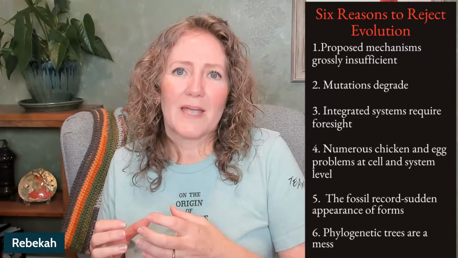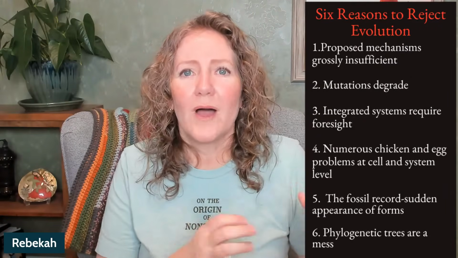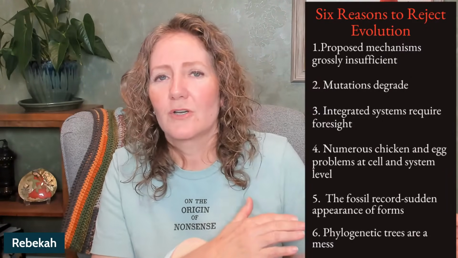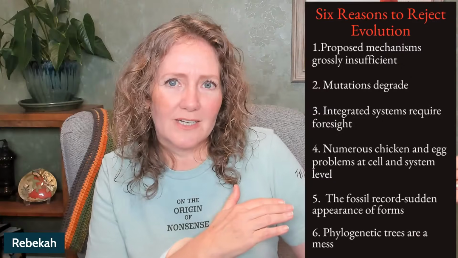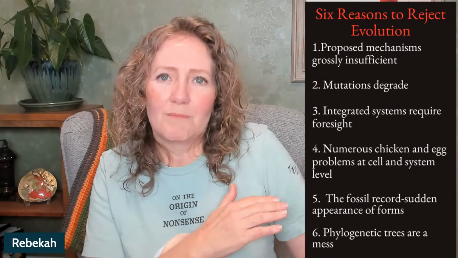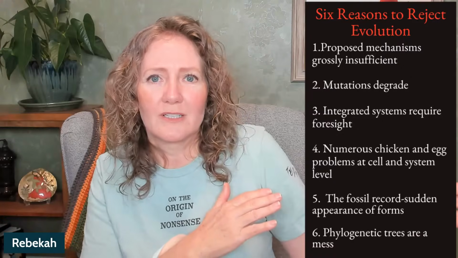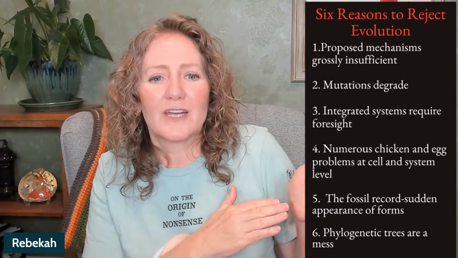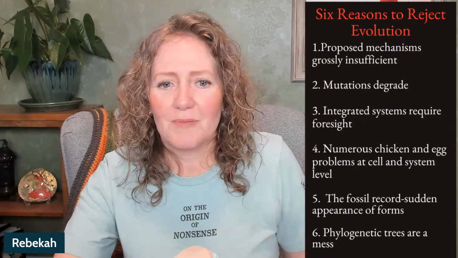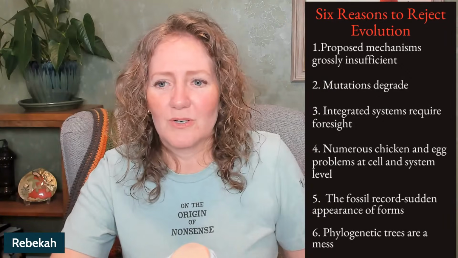Not only is there no mechanism, we know what mechanism brings about those kinds of things. We know that intelligent beings build systems. We know that intelligent beings write codes like the DNA code. We know that intelligent beings are able to do all of these things.